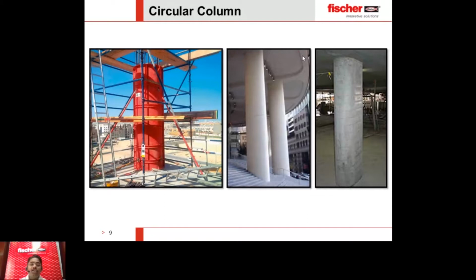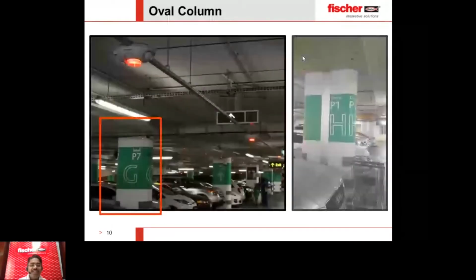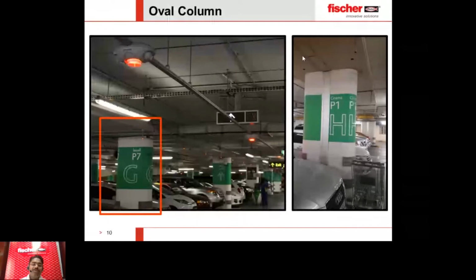You will also find circular columns in the lobby areas of big buildings. This is a parking area in UAE where I found a circular column that looks like an oval column. If you have to fix a beam on the face of the oval, how will the calculation be done, because our calculation is always for a flat surface? That is our biggest challenge.